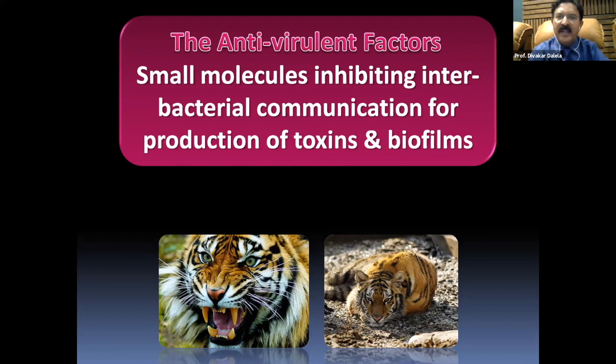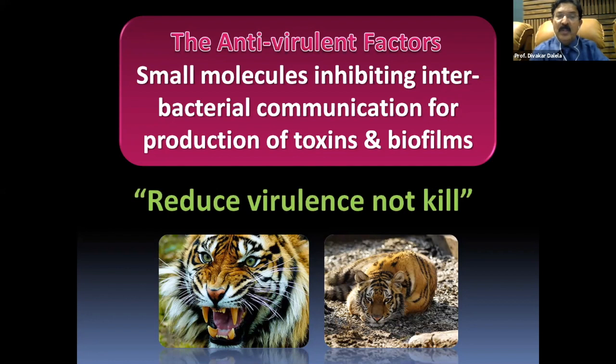These anti-virulence factors are small molecules which inhibit the communication between two bacteria, three bacteria, four bacteria. So bacteria cannot talk to each other, and when they cannot talk to each other, they cannot produce toxins and biofilms. So our future strong strategy is going to reduce the virulence of bacteria, not necessarily kill the bacteria.